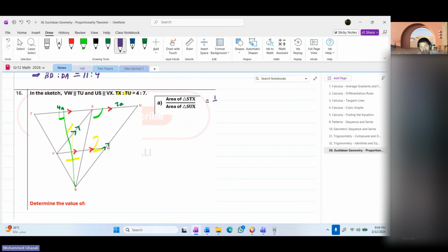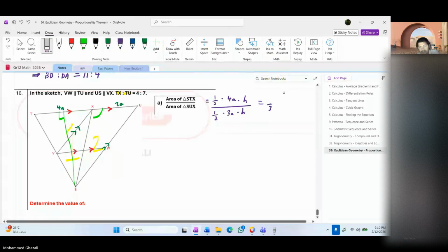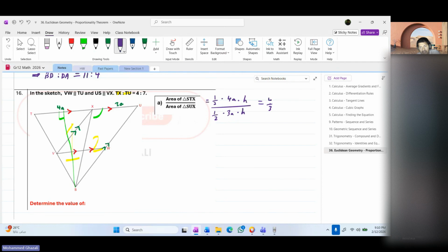So what's the answer here? Half. What's the base? STX, 4a, and height h. Half. What's the base here? 3a times height. All that cancels out, you're getting 4 over 3, just 4 over 3.